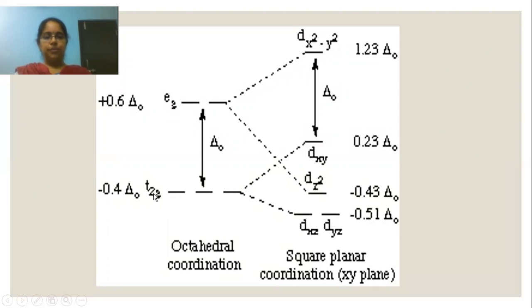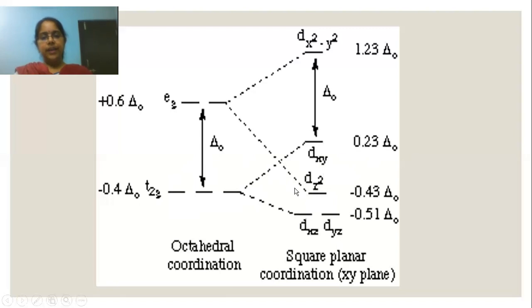The t2g set of an octahedral complex contains 0.4 delta O. Whereas the dxy orbital of the t2g set is found to increase by 0.23 delta units than the energy of the dxy orbital in an octahedral complex.